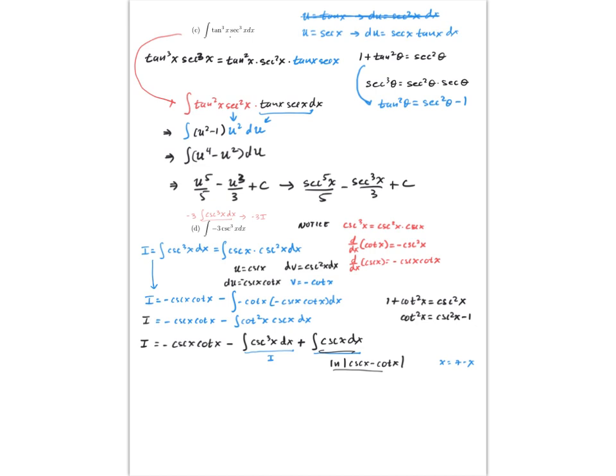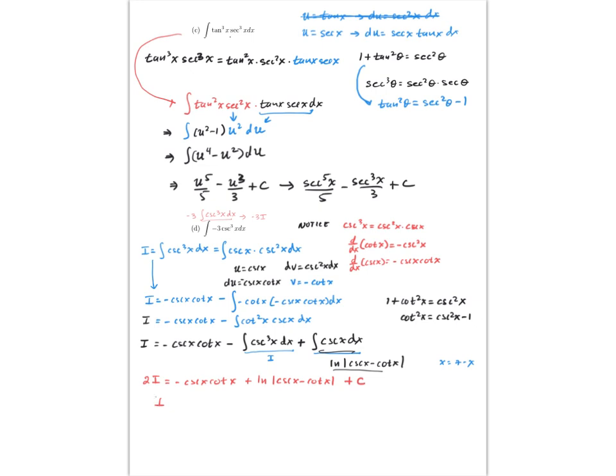So now if you move this I to this side, you will end up with 2I equals minus cosecant x cotangent x, plus ln of cosecant x minus cotangent x, and all of this will be plus c.